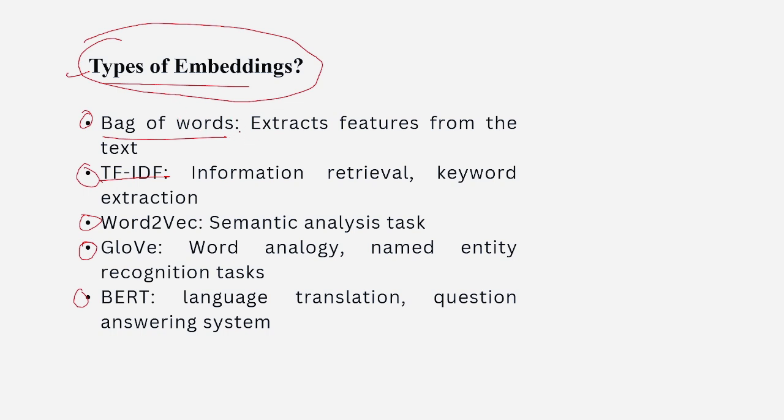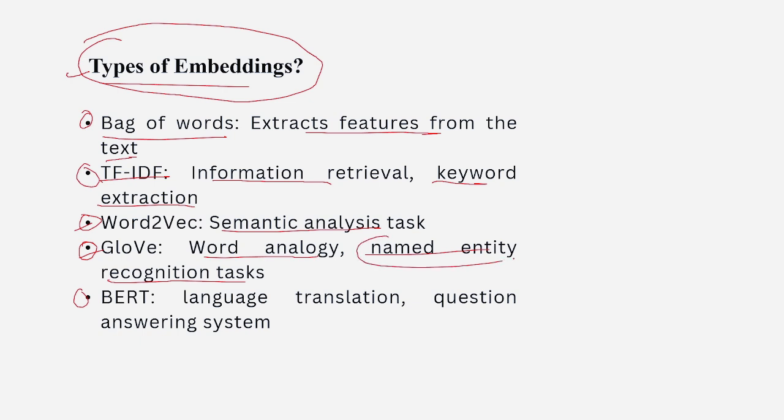Bag of words basically extracts features from the text. TF-IDF is used for information retrieval and keyword extraction. Word2Vec is used for semantic analysis tasks, and GloVe for word analogy and named entity recognition.